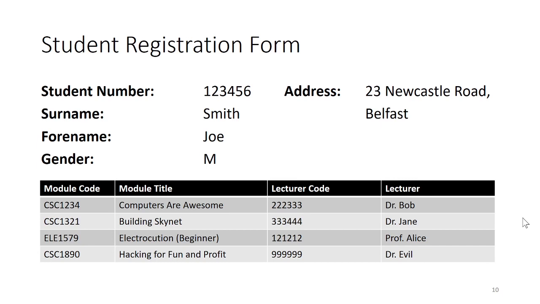So we have here some repeating data, including student information. Let's assume we have 500 students in a system, and this is the first step of looking at student registration data.